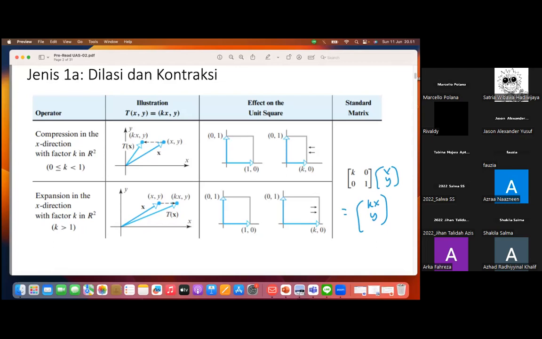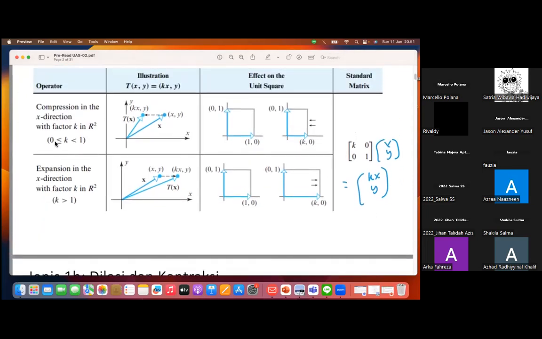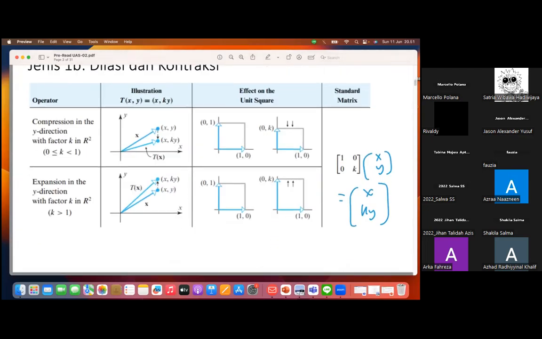If Y doesn't change, that means the value is 1 in the matrix here. And also remember that if K is larger than 1, it is expansion, meaning it gets bigger. However, if it's between 0 and 1, it is a compression, meaning it gets shorter in the respective direction.